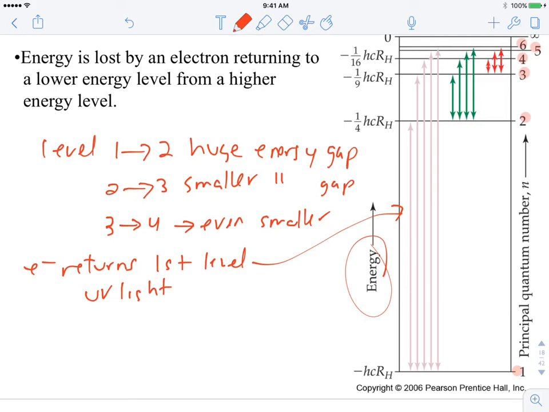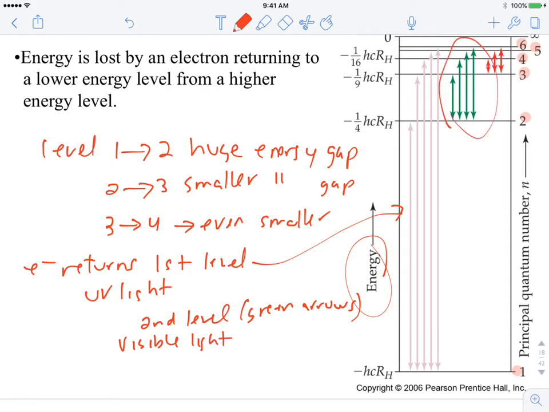If you go back to the 2nd level, the green arrows, you will give off visible light. If you notice, there are 4 green arrows here.